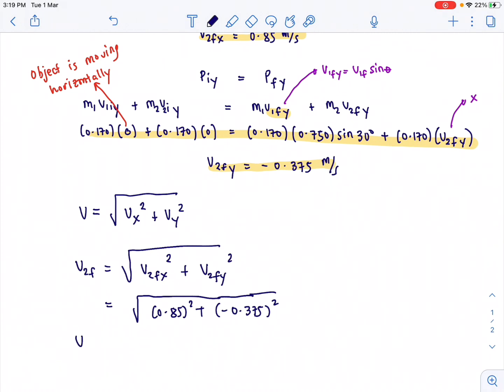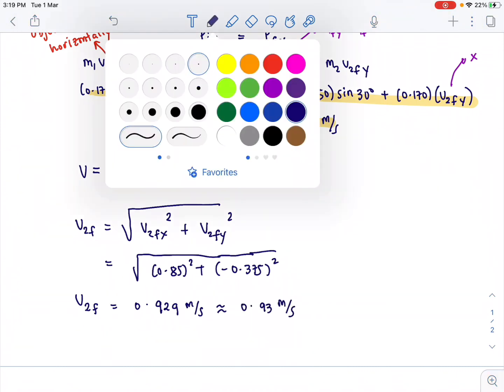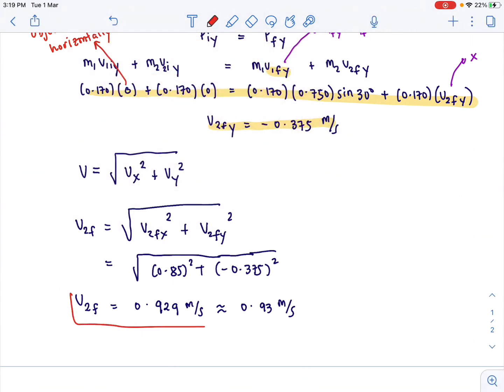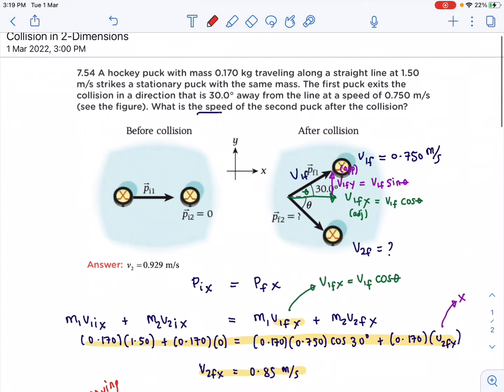This should give us that the final velocity of the second puck is equal to 0.929 meters per second, or approximately 0.93 meters per second. And that completes the solution to the problem. We have solved for the speed of the second puck after the collision.